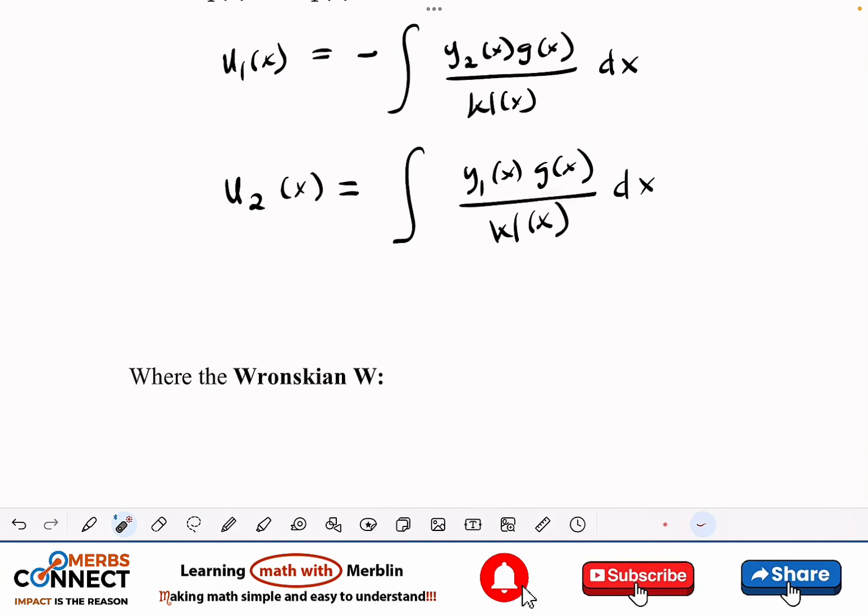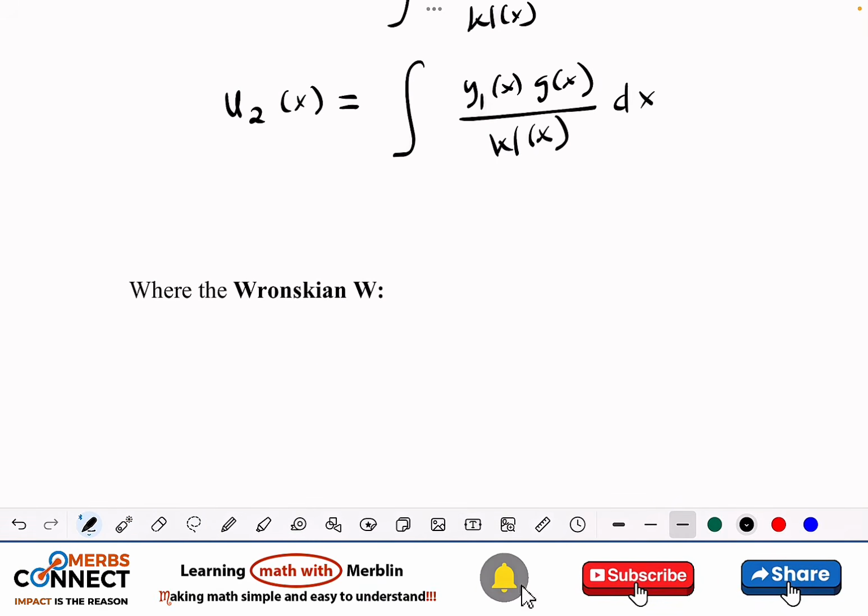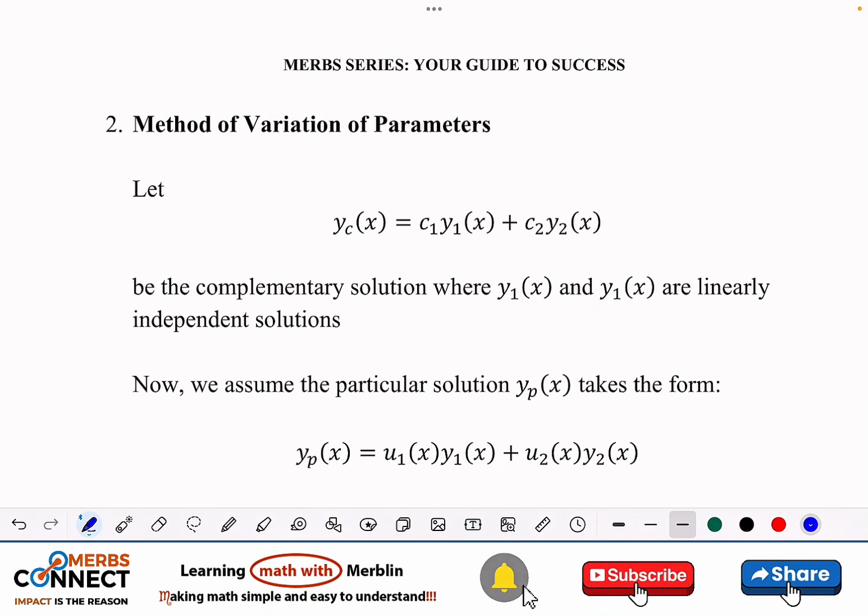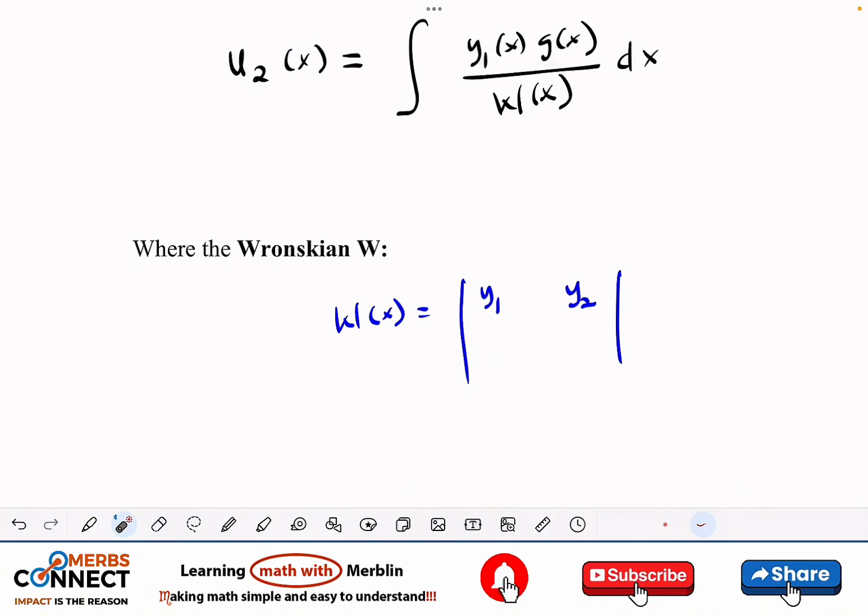Now W of x, we are calling it the Wronskian, right? The Wronskian is the determinant of your solutions, y1 and y2, the solution that you had here. Since the solution has two parts, we are building a 2 by 2 determinant, with y1 here and y2 here.